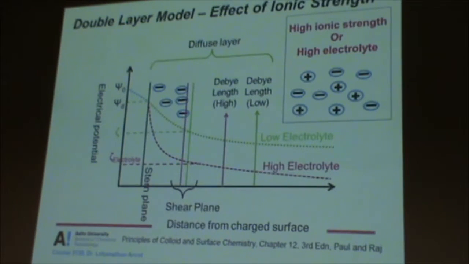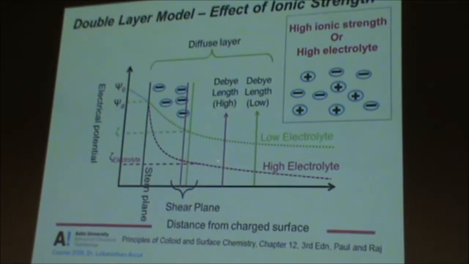Okay, so this is a theoretical value. If you observe this, the red lines indicate the high electrolyte condition, and the green ones indicate the low electrolyte condition. Because it was falling less rapidly in the green case, the Debye length is here: the potential psi naught attained a value of 1 over e at this distance.